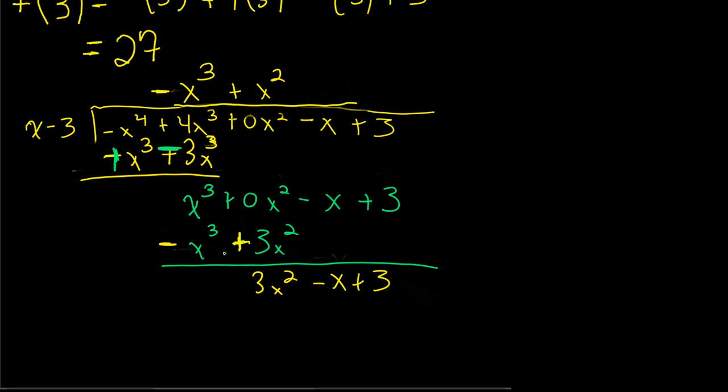This is my new leading term, 3x squared. So 3x squared divided by x is positive 3x. So I'm going to multiply this back across. 3x times x is 3x squared. 3x times negative 3 is minus 9x.